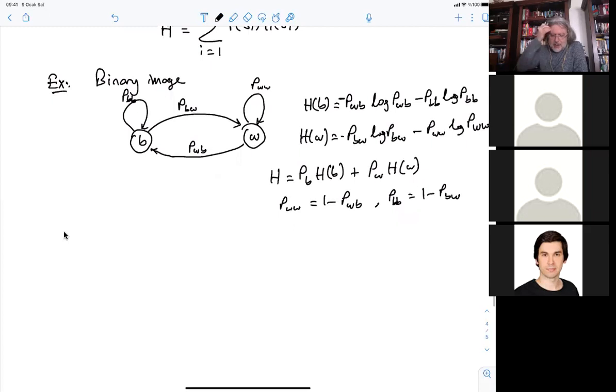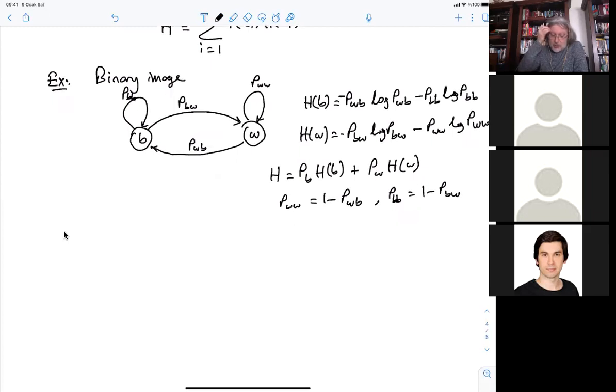But before that, let me show you how to calculate probability of black and probability of white if they are not given to you, but only these probabilities, white to white, black to white, etc., are given to you. This probability vector of black and white can be constructed like this.